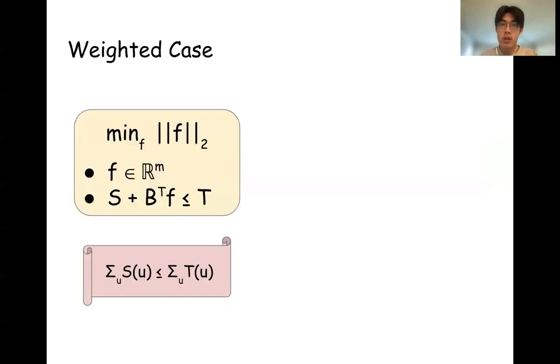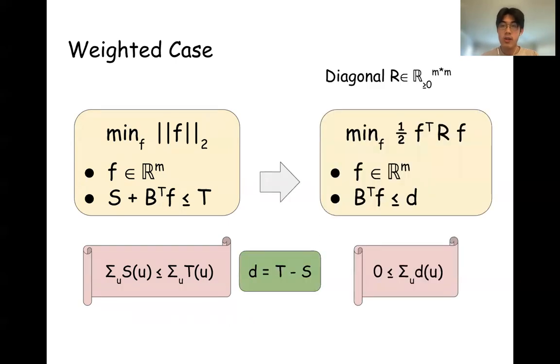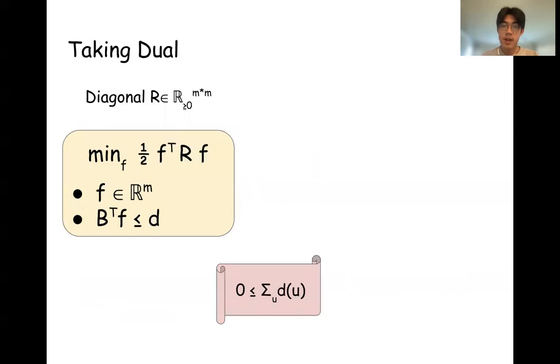In our algorithm, we focus on a more general case of the weighted two-norm flow diffusion. That is, we can solve the problem even when there is weight on each edge. And our algorithm focuses on solving the dual of this problem.